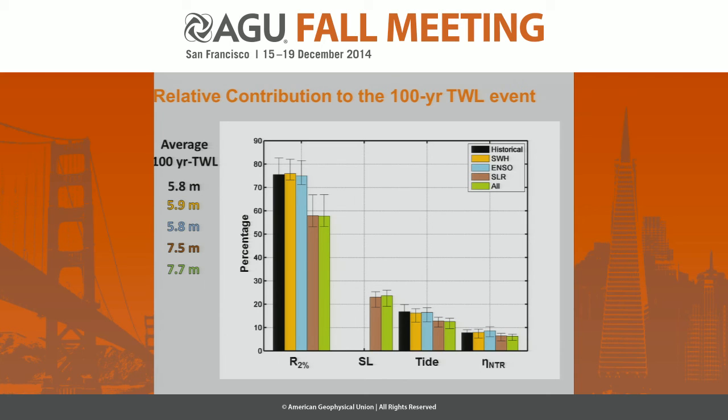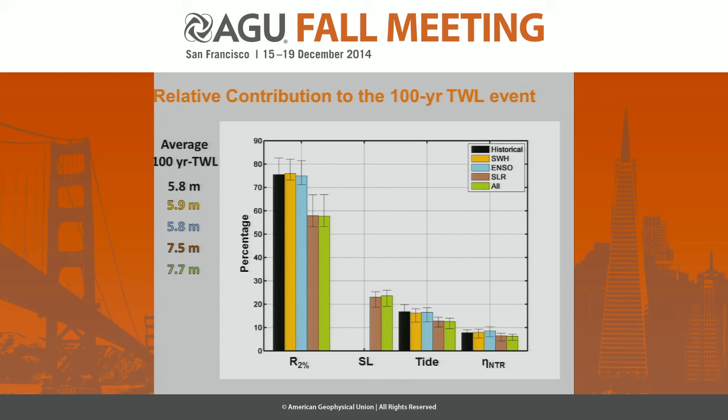We then can throw on the rest of these simulations, and these colors just correspond to the different magnitude of the total water level we're looking at. But I most notably want to point out that while wave action really dominates the contribution to the 100-year total water level event in this area, as you increase sea level, that starts to lower a little bit, and you get this up to 22% of the total water level contribution from sea level rise.